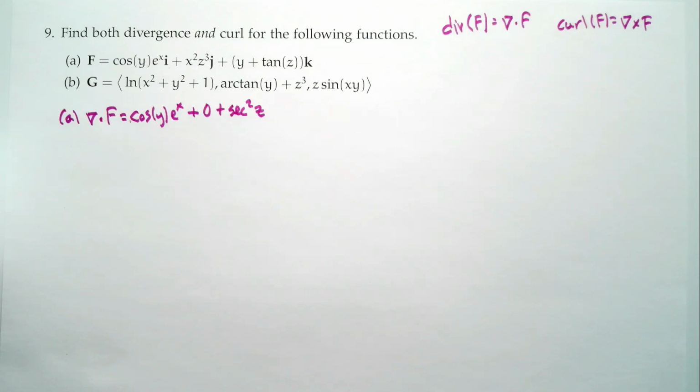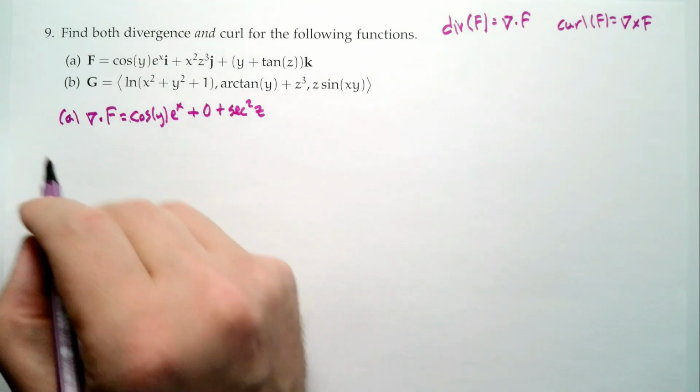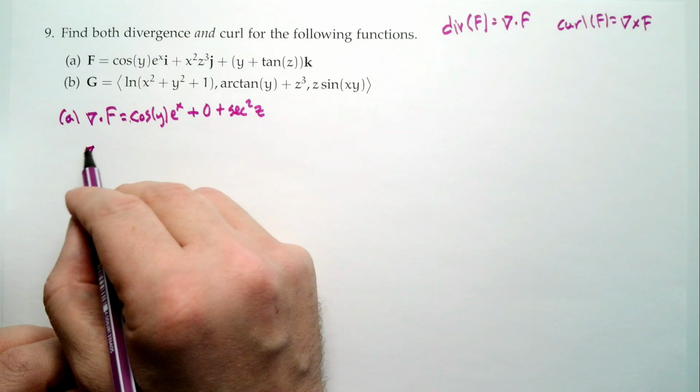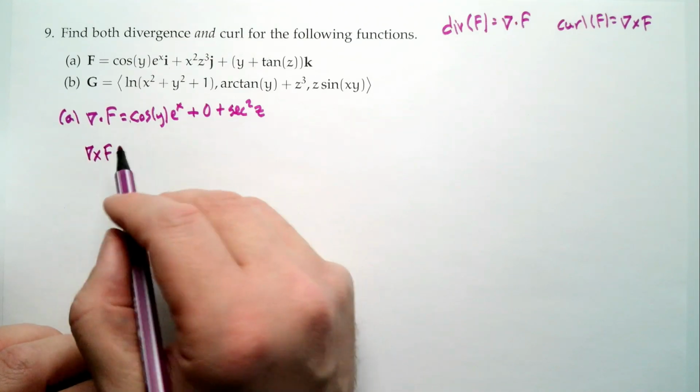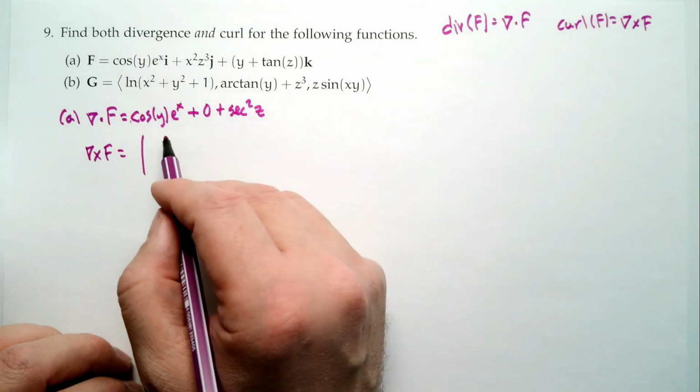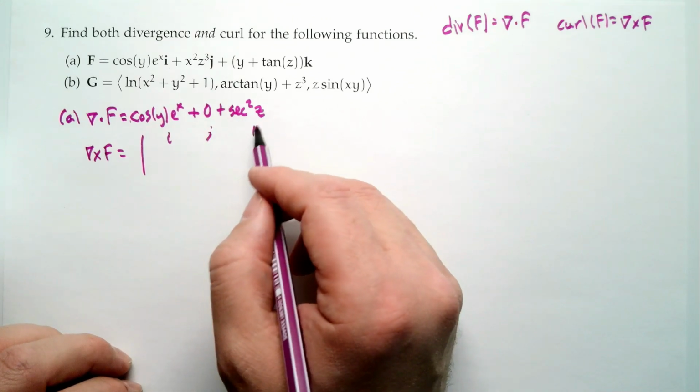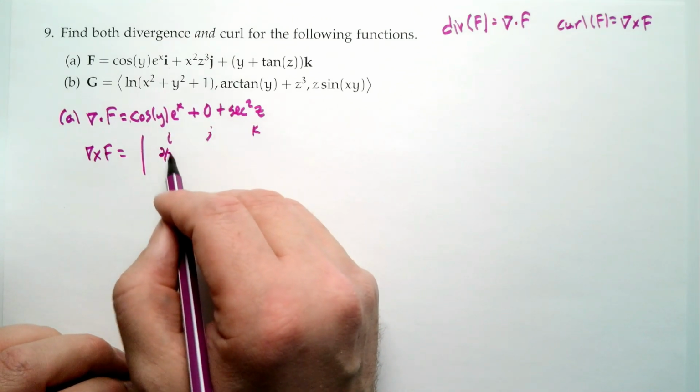So we're a fourth of the way done. To be fair, the divergence is oftentimes faster. Be careful: when you're doing a divergence, you should end up with a function. There should be no more vector. Now the curl is going to take a little bit longer. So you write down your i, j, k, give yourself space. I probably haven't given myself enough space.